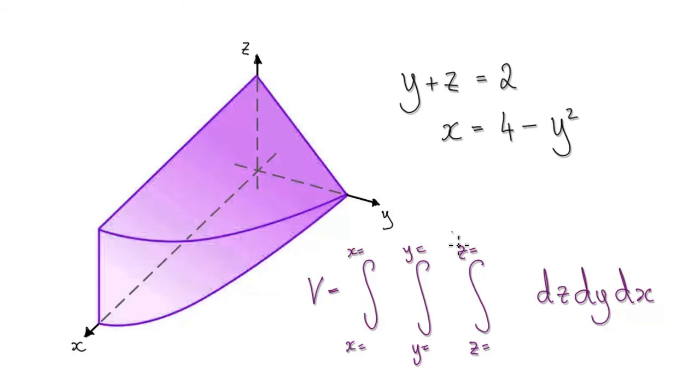Now looking at the inner integral z, everything's moving parallel to the z axis. You're moving like this, parallel to the z axis. So you enter the horizontal plane, and then you leave the diagonal plane.